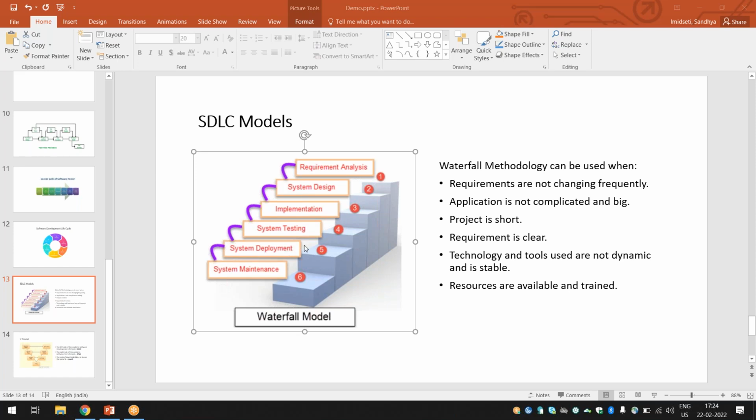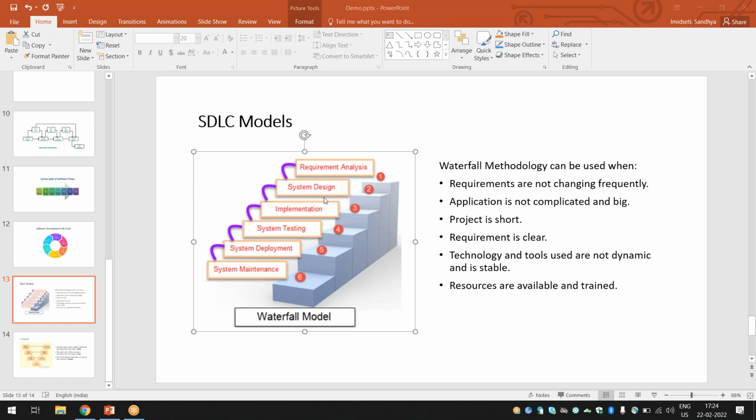As the size of the application is very small and the requirements are very clear, only validation, the testing, will be enough. Verification may not be required. As the flow of activities looks like a waterfall, this model is titled the waterfall model.